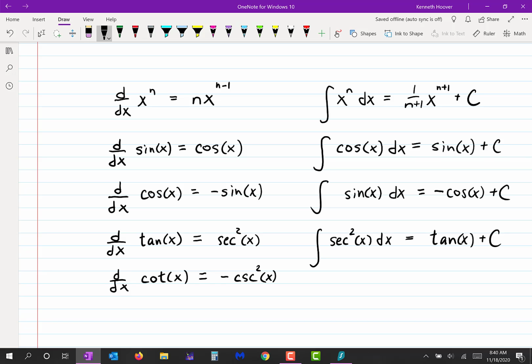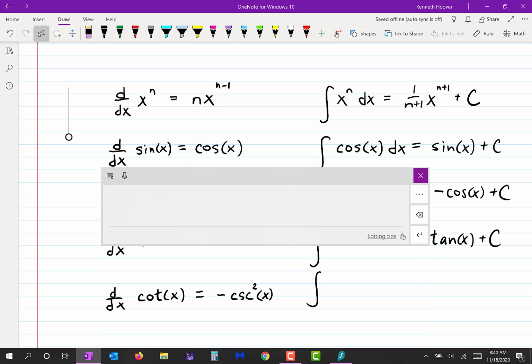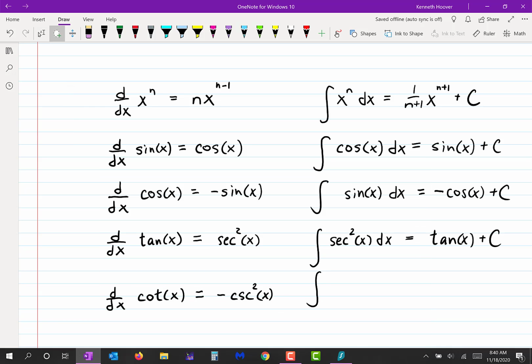That means that the integral, here let me just move this down a little so we're not getting too jumbled up. Okay, that means the integral of negative cosecant squared is cotangent.